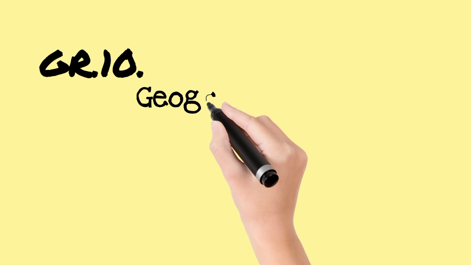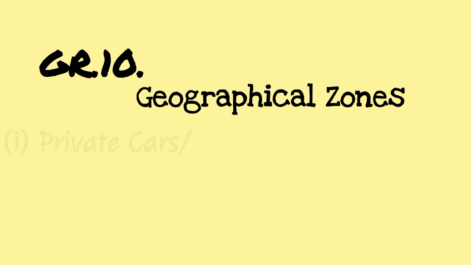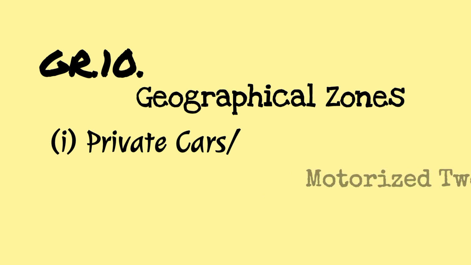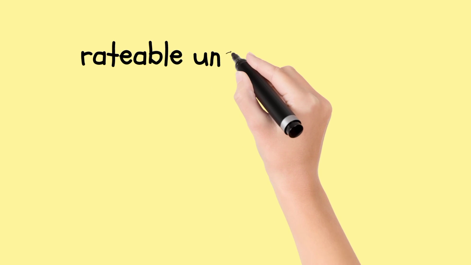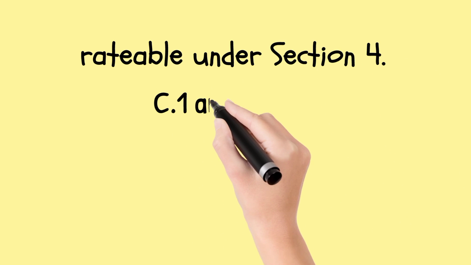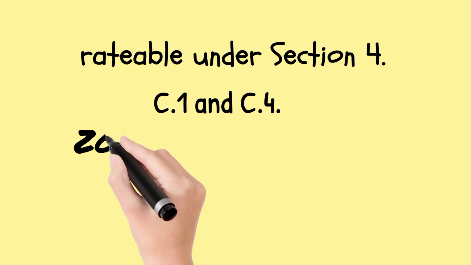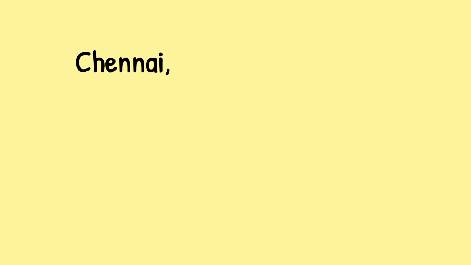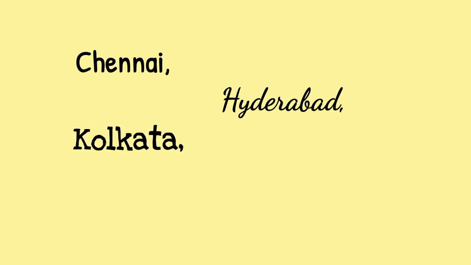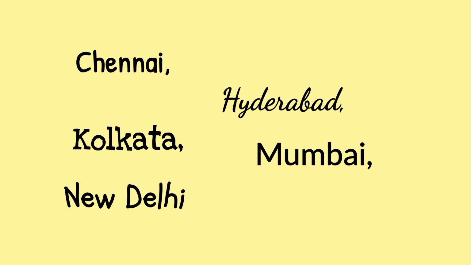GR10, Geographic Zones. Private cars, motorized two-wheelers, commercial vehicles rateable under Section 4, C1 and C4: Zone A, Ahmedabad, Bangalore, Chennai, Hyderabad, Kolkata, Mumbai, New Delhi and Pune.